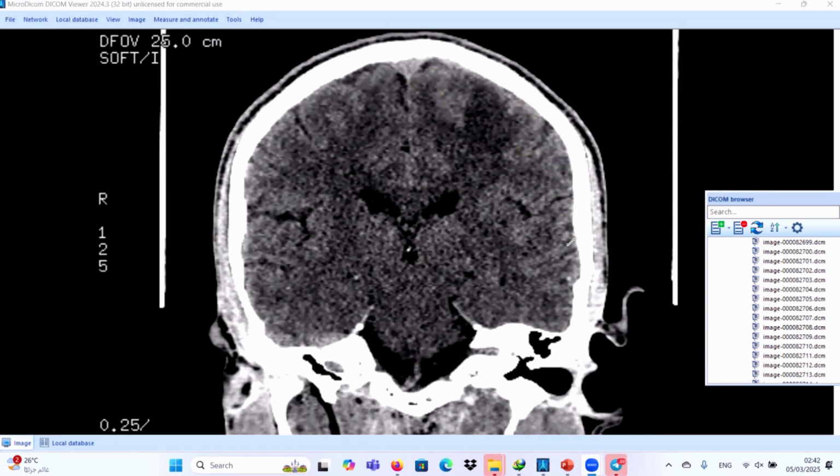So we are dealing with vasogenic brain edema, and this is considered one of the red flags that we need to continue with IV contrast. Either it's better to be a contrast enhanced MRI study. If we don't have any chance to do an MRI exam, it's better to do a contrast enhanced CT scan of the brain.